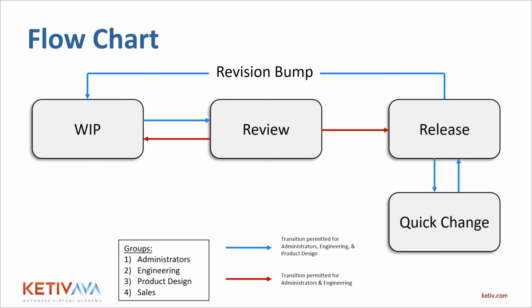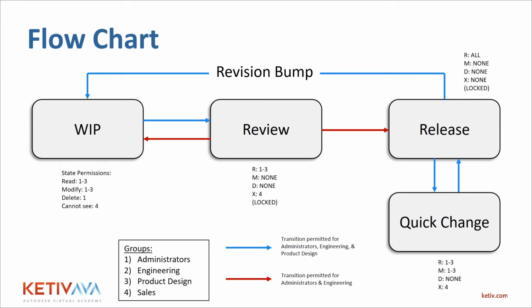It's true. So lastly, now that we have the transition permissions set up the way we want, we need to decide how these groups can interact with files when they're at each of these states. The way I have it set up here, for the WIP state, the permissions I want are groups 1 through 3, that's administrators, engineering, product design.